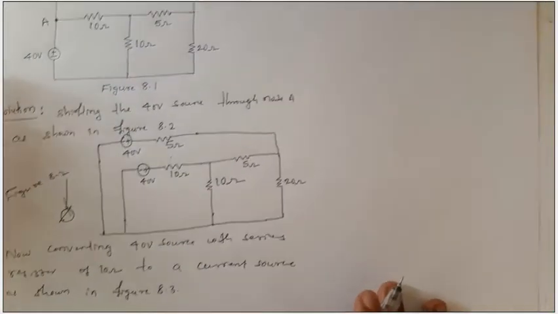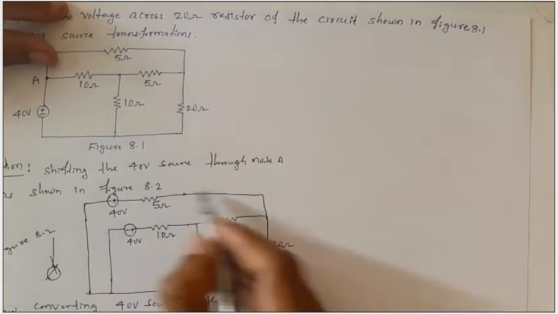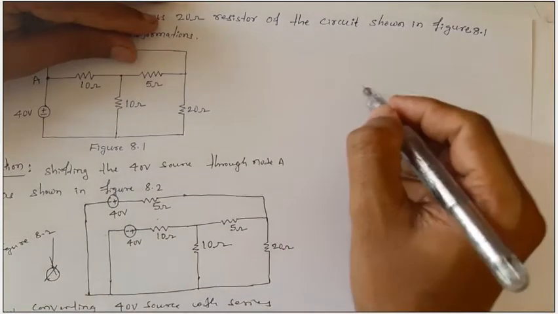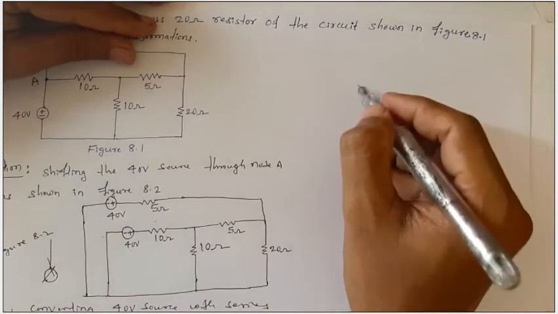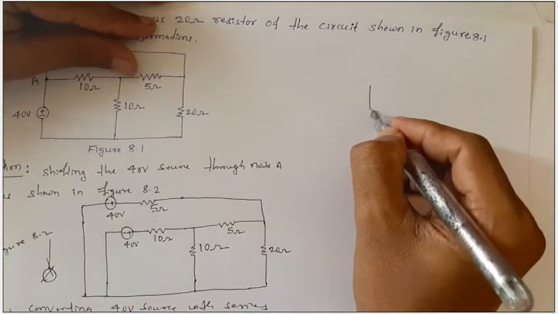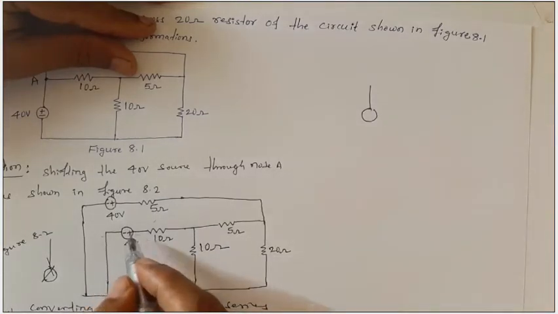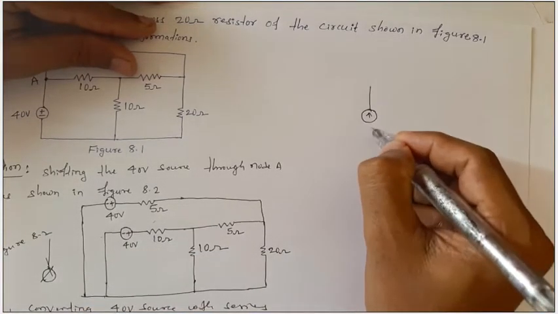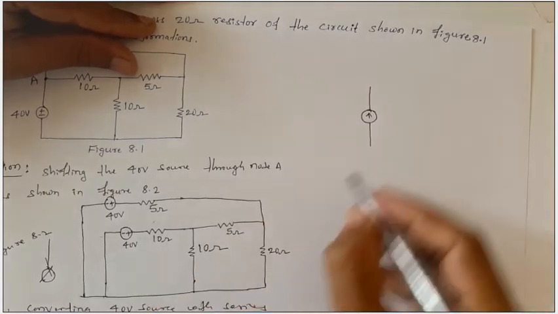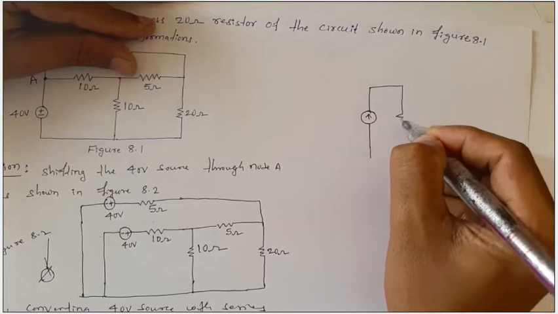So let us draw that figure below, and whatever this part is, I'll draw as it is later. Because the 40 volt voltage source is converted to a current source, the positive sign is upward, so the arrow will be upward, and this 10 ohm resistor will now be in parallel.